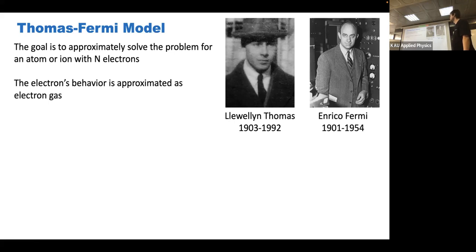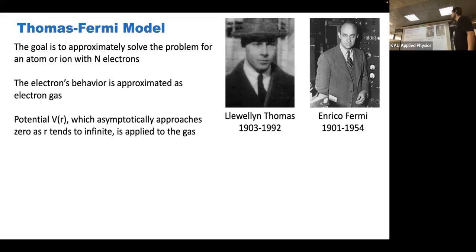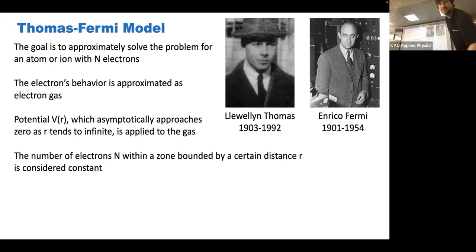I will tell you what electron gas is. I think maybe you know what it is, but I will tell you on the next slide. Then we take some external potential which asymptotically approaches zero as r tends to infinity. We apply this potential to our electron gas. And then we fix the number of electrons in the system. So we have a fixed number of electrons, and these electrons create electron gas in some external potential V.